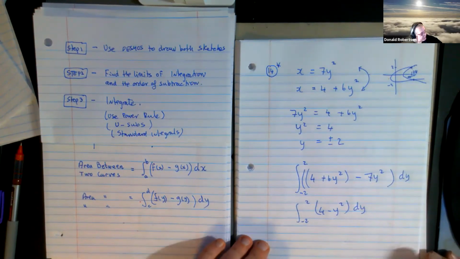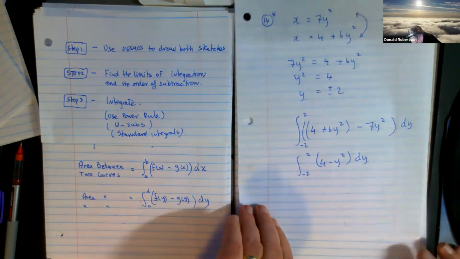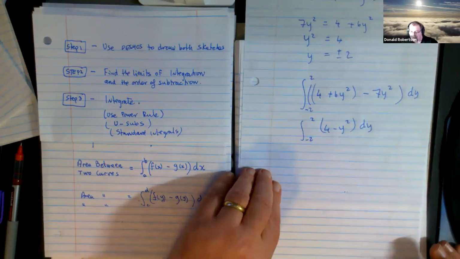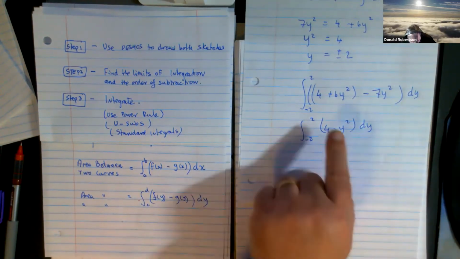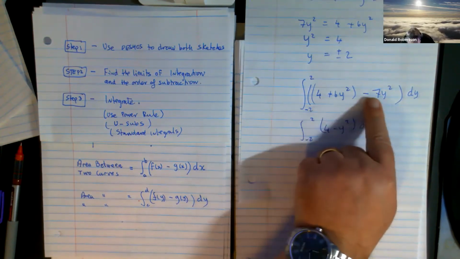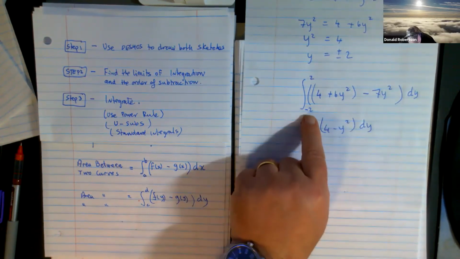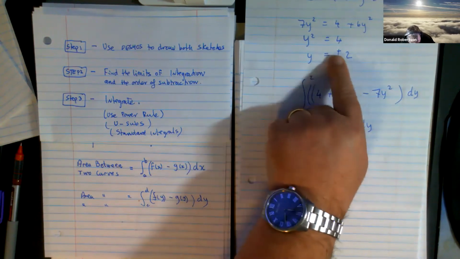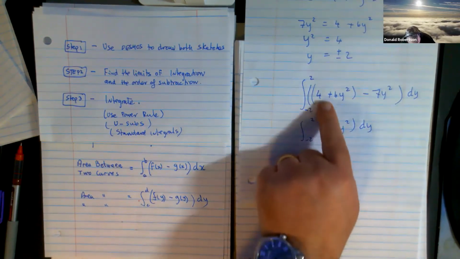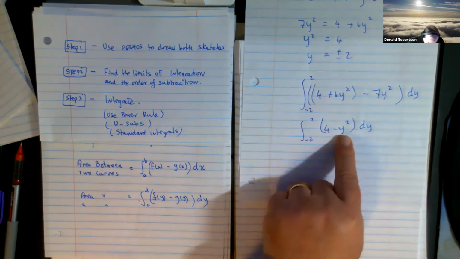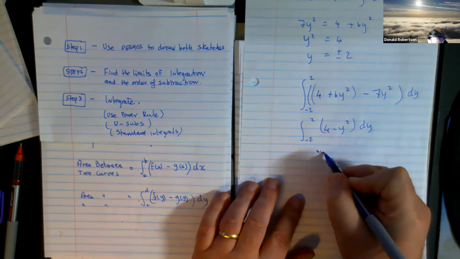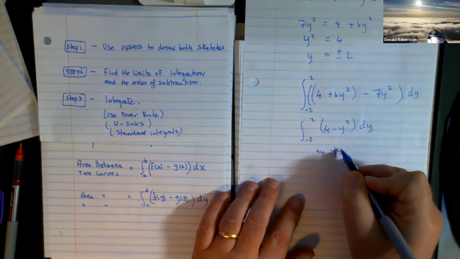Okay, what started off as the ugliest looking question has actually become one of the nicest integrals. The guy on the right, take away the guy on the left, from -2 to 2, and I know that because of the little algebra I did here. This simplifies down. I can then do power rule.